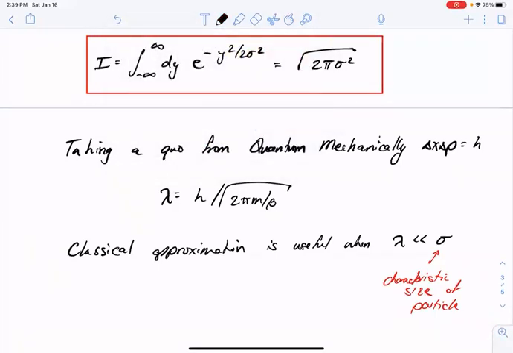The thermal wavelength essentially encodes how delocalized a point particle is quantum mechanically due to quantum mechanical uncertainty. And so if that length scale is very small, the particle is well localized, and we can essentially treat it as a point particle with no spatial delocalization.